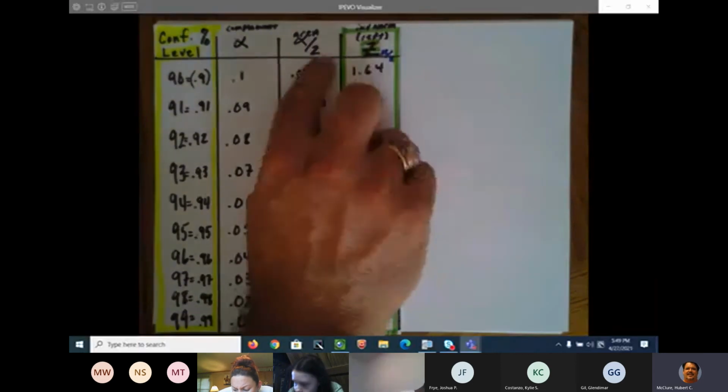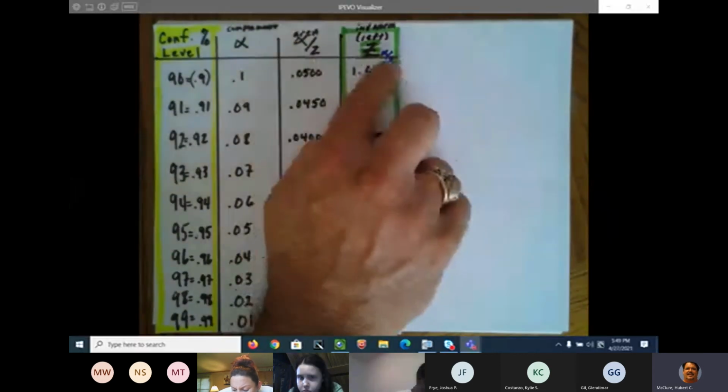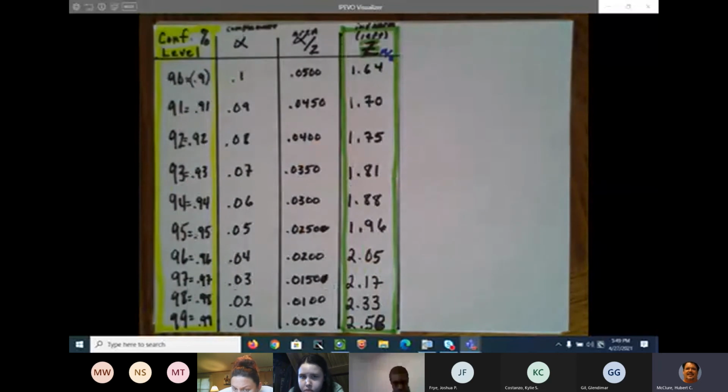That's that right there. Alpha over 2. Z sub alpha over 2. Okay, I know it's hard to see. Actually, you can make it better when you put it on your index card.